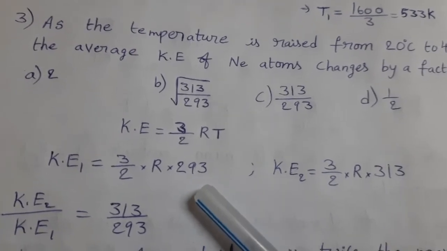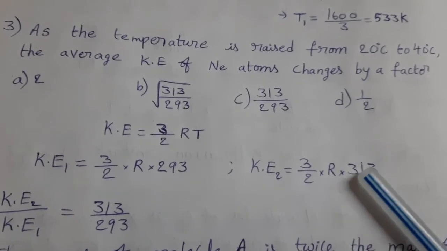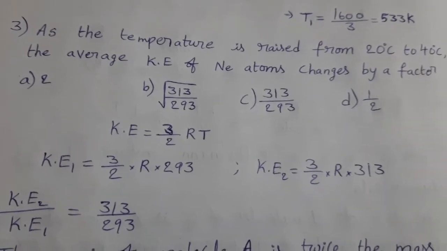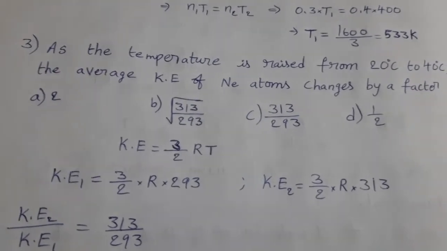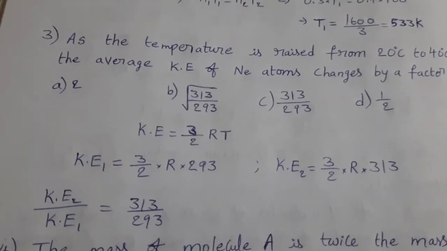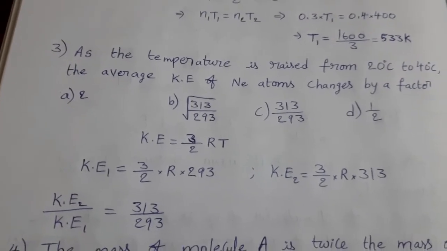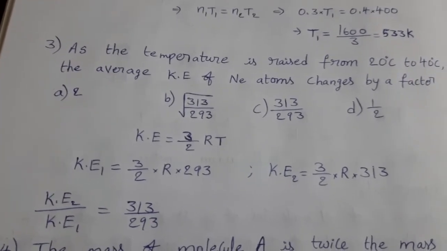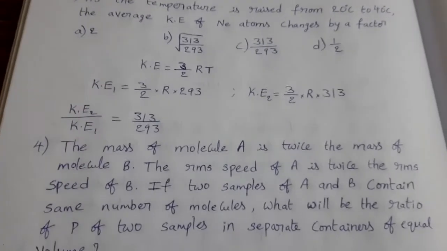And Ke2 equal to 3 by 2 R into 313 Kelvin, that is 40 degrees Celsius. So Ke2 by Ke1 equal to 313 divided by 293. So what is the option? Option C is the answer. Go to the next one.